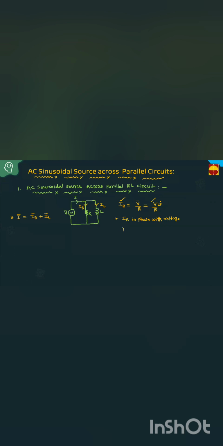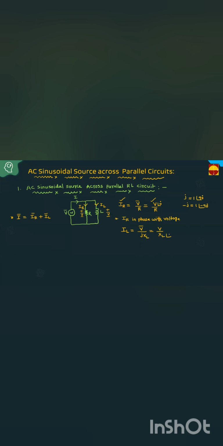Then how to write IL? This is the parallel circuit. The voltage across the resistor and voltage across the inductor is same because they are parallel branches. Then IL is V by inductive reactance, that is jXL, equal to V by jXL. How to write this j? j equals 1 at angle of 90, but minus j equals 1 at angle of minus 90.